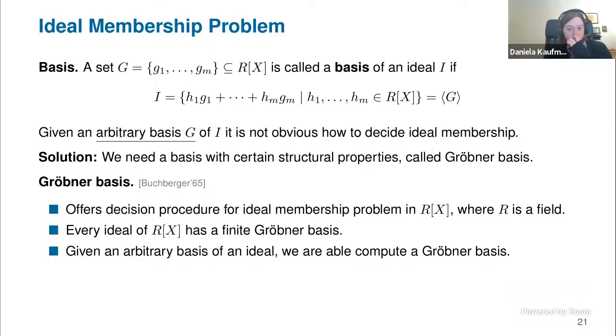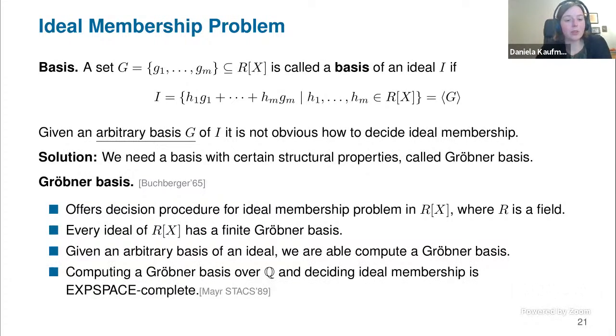And so this sounds pretty good for us. So we now know how to solve the ideal membership problem, but there comes the big but. Computing a Gröbner basis over the rationals and deciding the ideal membership is actually known to be EXPSPACE-complete.